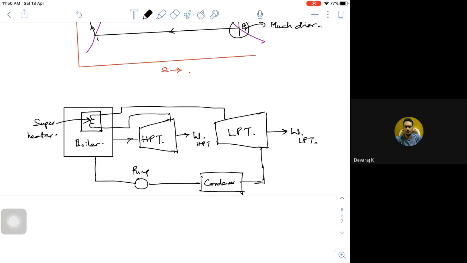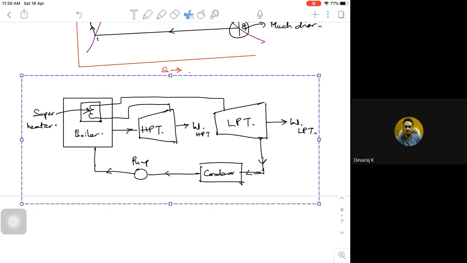This is how it works. I'm trying to explain it as simply as possible with a simple block diagram. This is how reheating works.